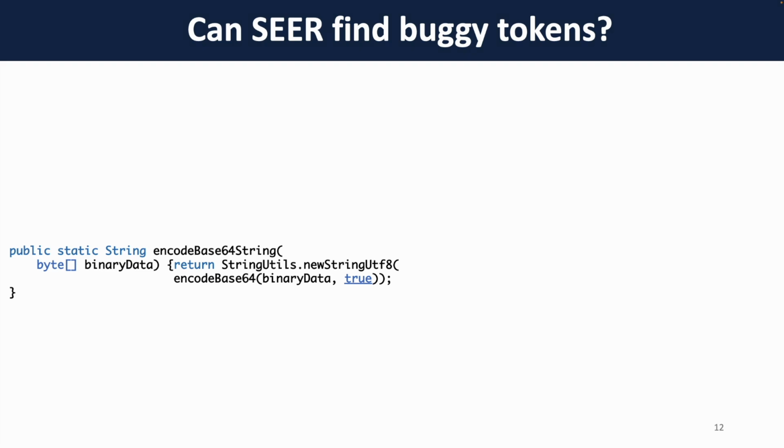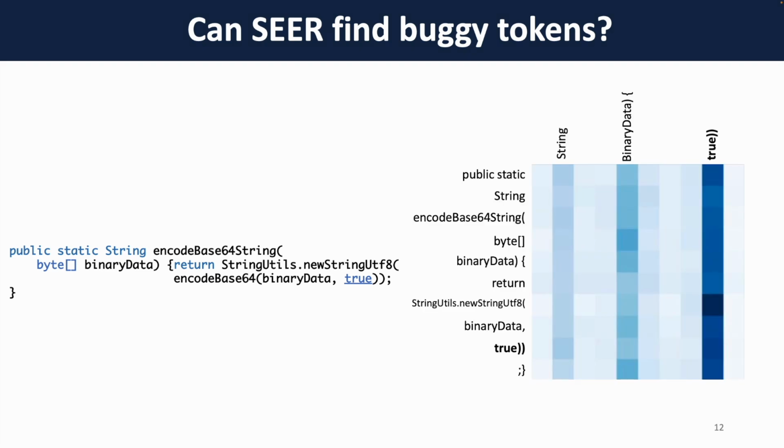The figure on the right corresponds to the self-attention weight of the transformer encoder block. We use a heat map to represent the attention weights in order to show the attention intensities. The token true, which is pointed out on the slide, corresponds to the change token between the buggy version of the program and the fixed version of the same program. As you can see from the attention weights, SEER indeed attended to the change token between two code versions when making a decision.